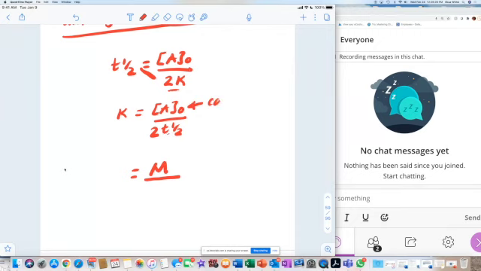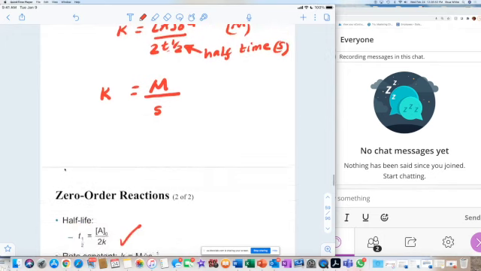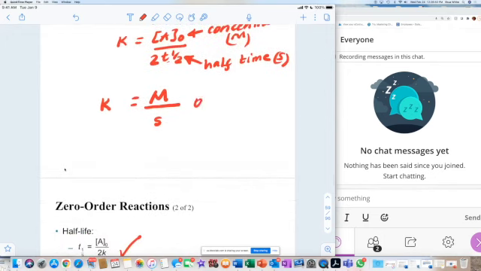The concentration units, the universal symbol is molar. The bottom unit is a half-life. Half-life is a time, and the unit here is seconds. So it's molar per second. So the constant has this unit, molar per second.